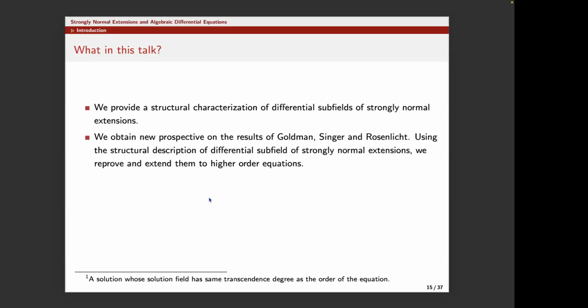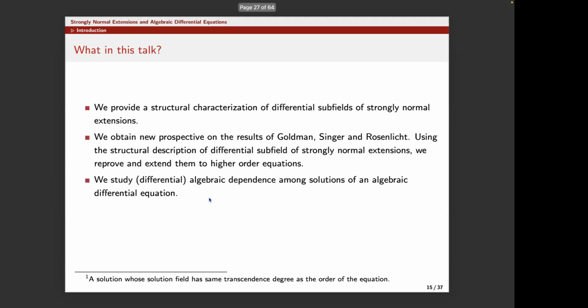The proof of Singer's uses differential valuations, and Rosenlicht uses one-forms and the d1 map, basically using some properties of an algebraic function field in one variable.